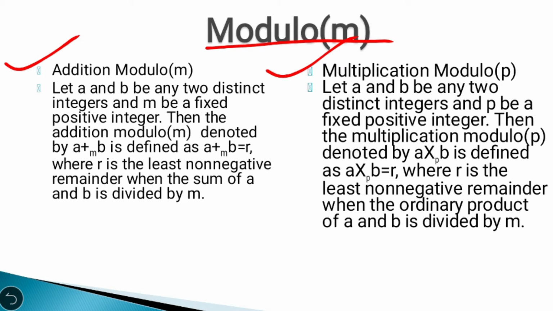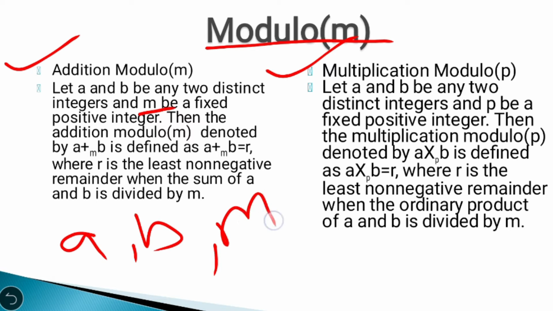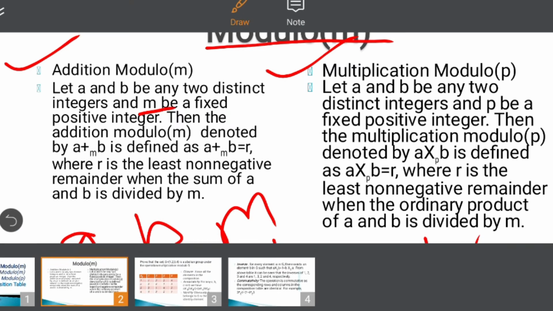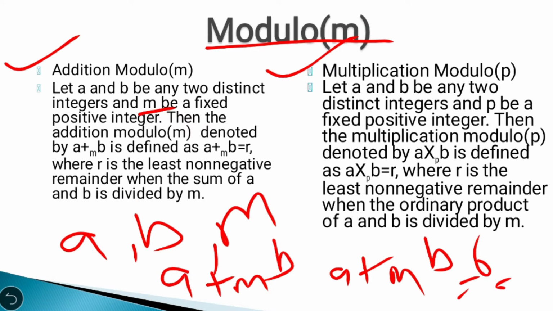Suppose we are given two distinct integers a and b, and let m be a fixed positive integer. Then the addition modulo m, denoted by a +m b, is defined as a +m b = r, where r is the least non-negative remainder when the sum a + b is divided by m.